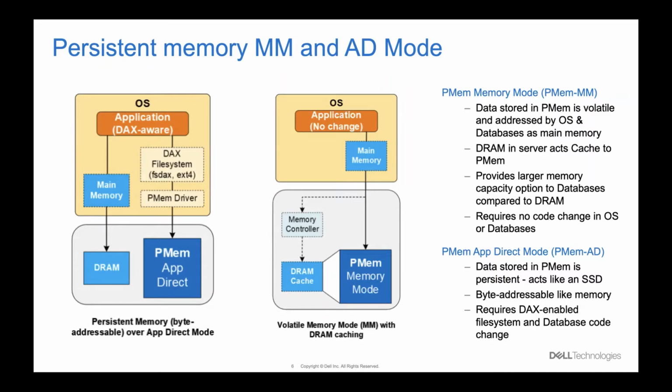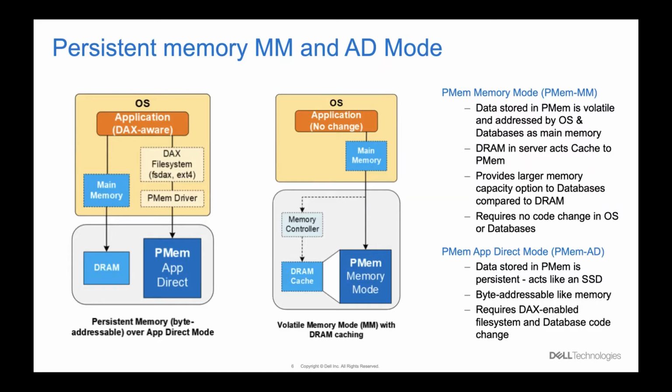For example, as we're going to talk about the Oracle in-memory option, you can use this capacity for in-memory or for SGA, whatever. And the same with other applications, they just will be able to see the higher capacity of memory.